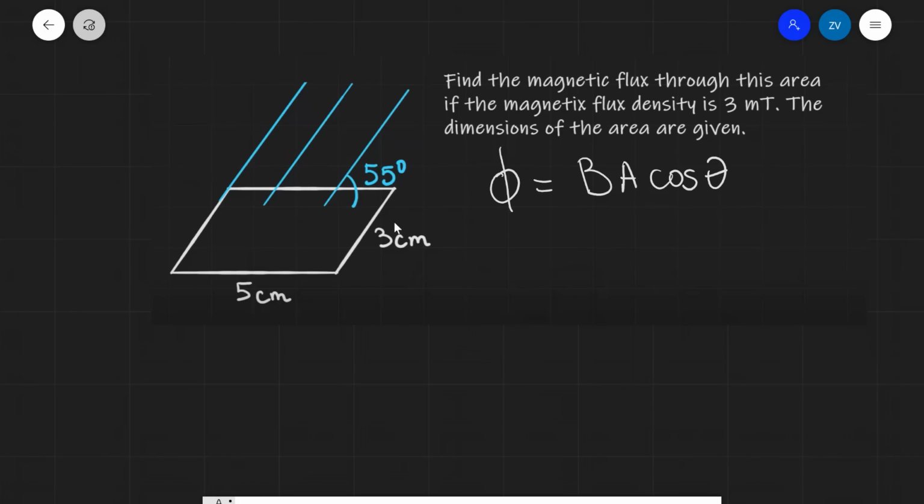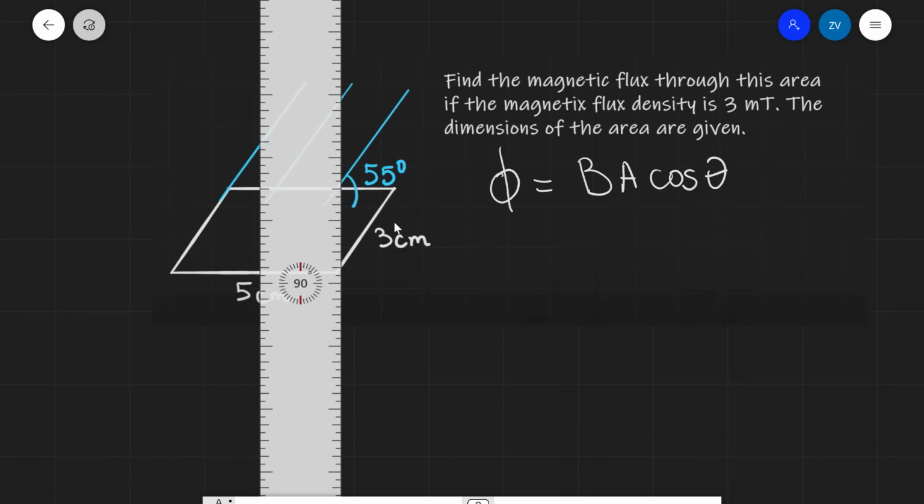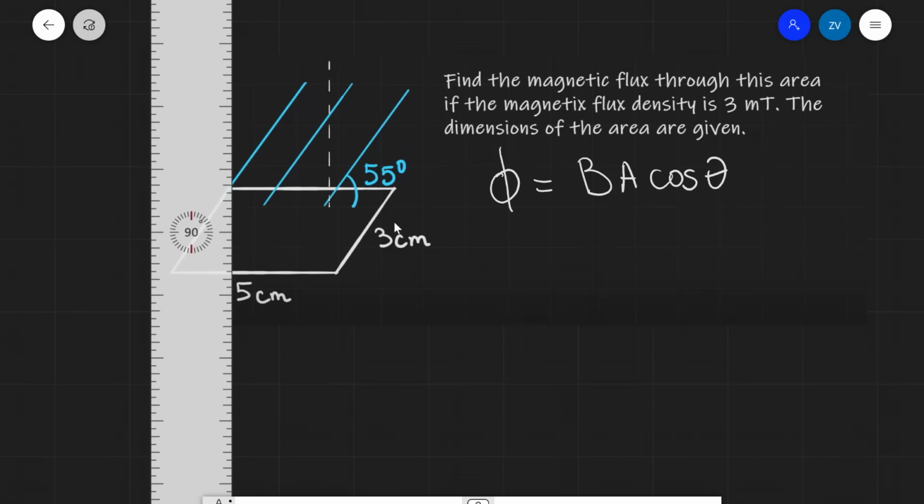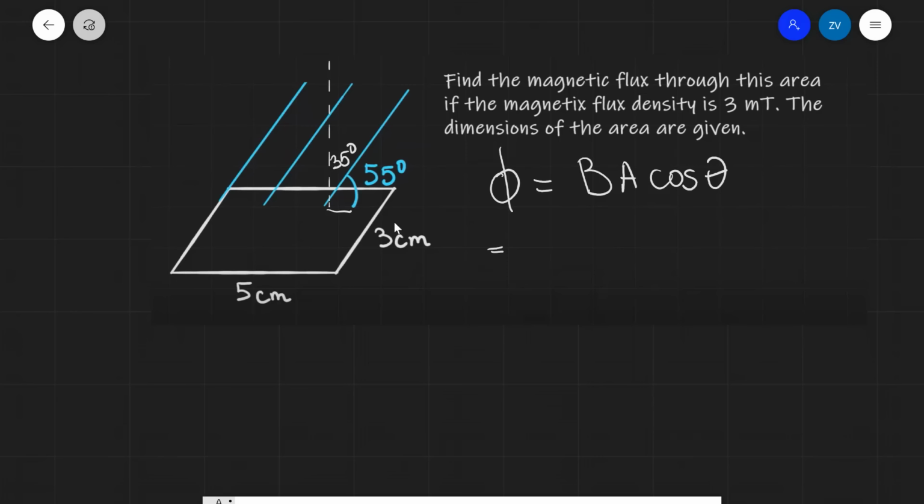Now the first thing I'm going to do is just draw the normal in all of these problems, like so. So if the angle here is 55, so the whole thing is 90, which means that this angle here has to be 35 degrees. Okay, well, let's do some calculations.